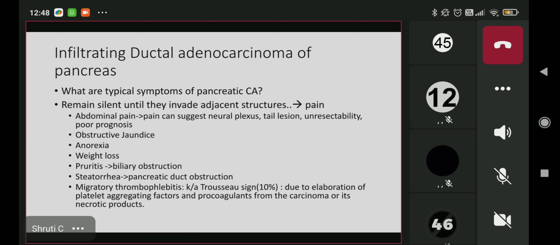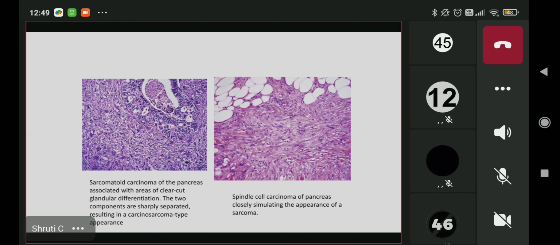These are some additional pictures of histology in pancreatic carcinoma. Usually there is adenocarcinoma. There could be adenosquamous carcinoma. This is a picture of carcinosarcoma. This is the glandular part, and this is the sarcomatoid part, like spindle cells. You can appreciate it here also.